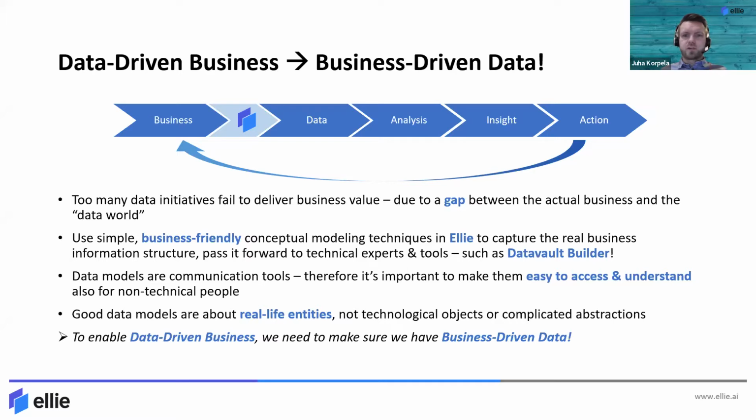You can have a bunch of data modelers, but you can have hundreds and hundreds or thousands of people who have access to Ellie, who can read what the customer is about, how we define a customer, and so on and so forth, and who can then understand those structures in terms that they understand better. So we want to keep them easy to access. We want to keep them simple so that everyone can benefit, and enabling thus kind of business-driven data design.